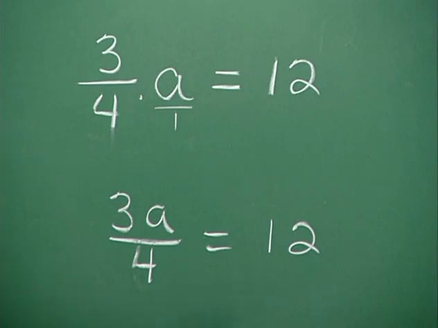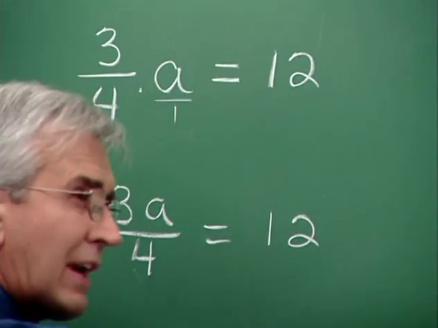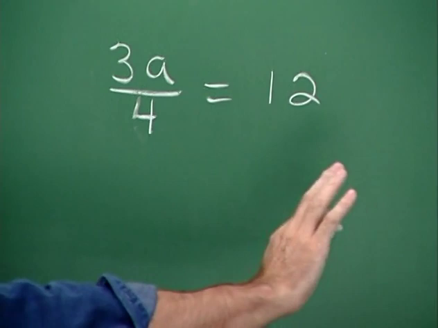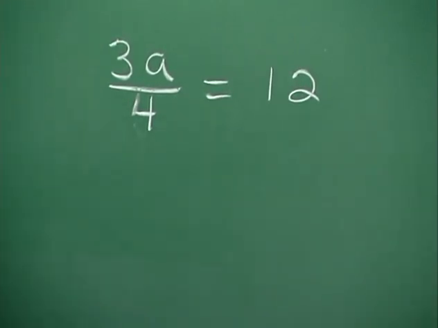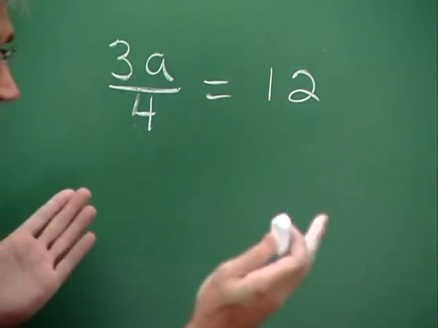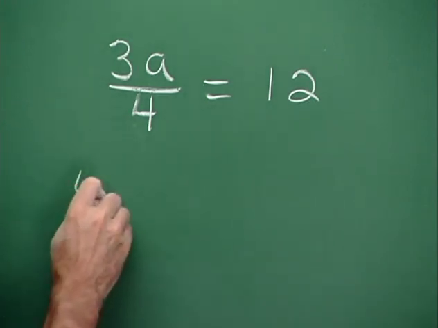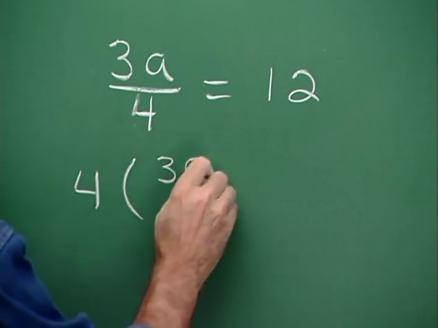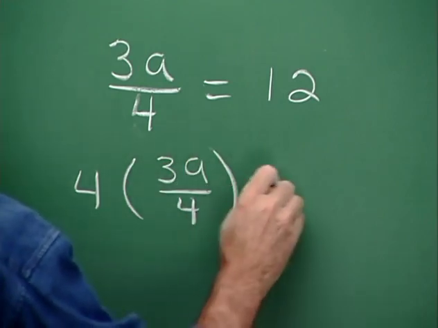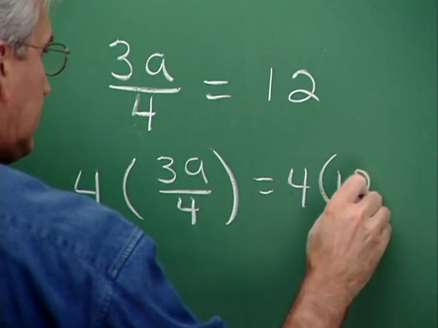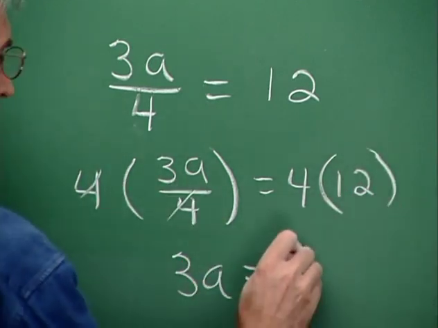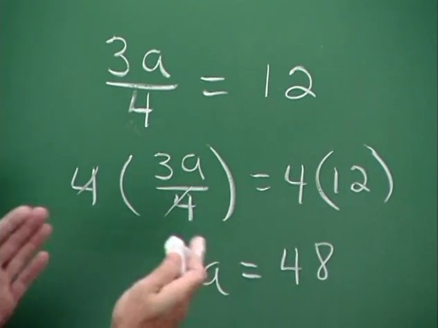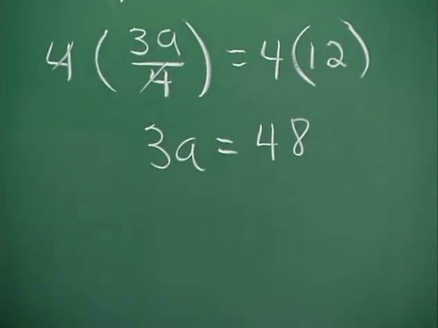To clear the 4, or to clear any fraction or fractions in an equation, you identify a common denominator and multiply through by that common denominator. The common denominator here, the only denominator, is 4. So we'll multiply by 4 on both sides. And the 4's go out here. We have 3A then is equal to 48. And now it's a problem like one of the ones that we've seen in the past.